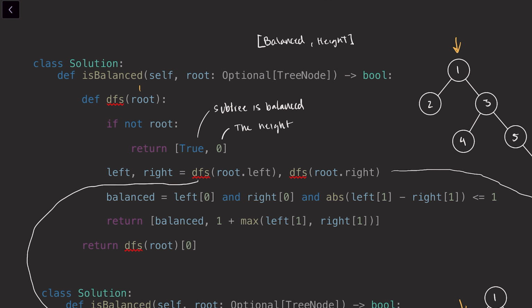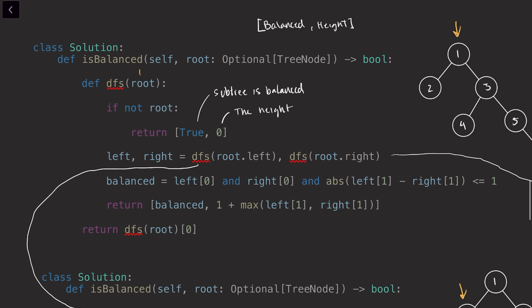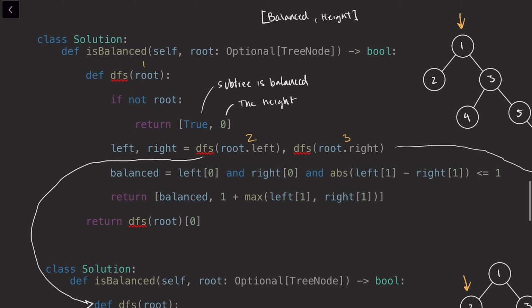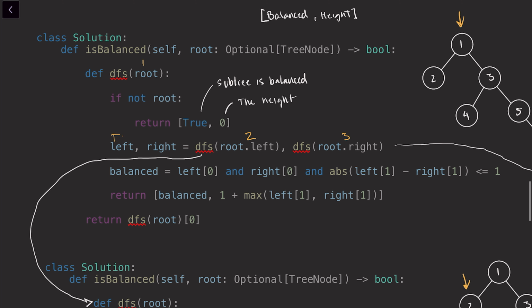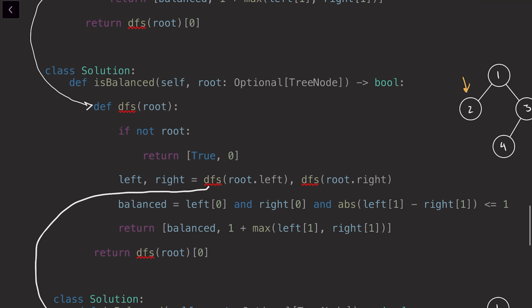If we look at the left, what is the left? It will be 2. So we write 2, and what is the right? The right is 3. So do we know if it's true or false? And do we know the height? Not yet. So let's follow that.